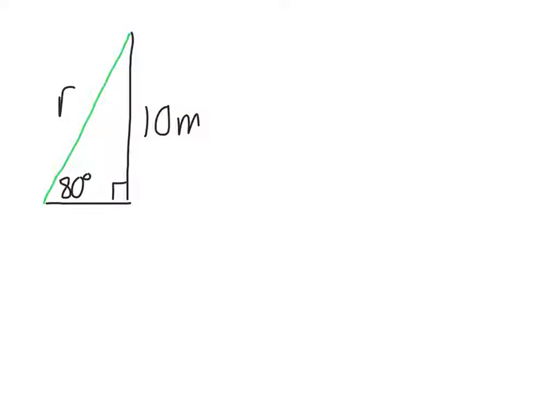So we'll start by labelling the triangle. The longest side is the hypotenuse. The side opposite the angle is the opposite, and the other side is the adjacent. So we'll then write down SOHCAHTOA.